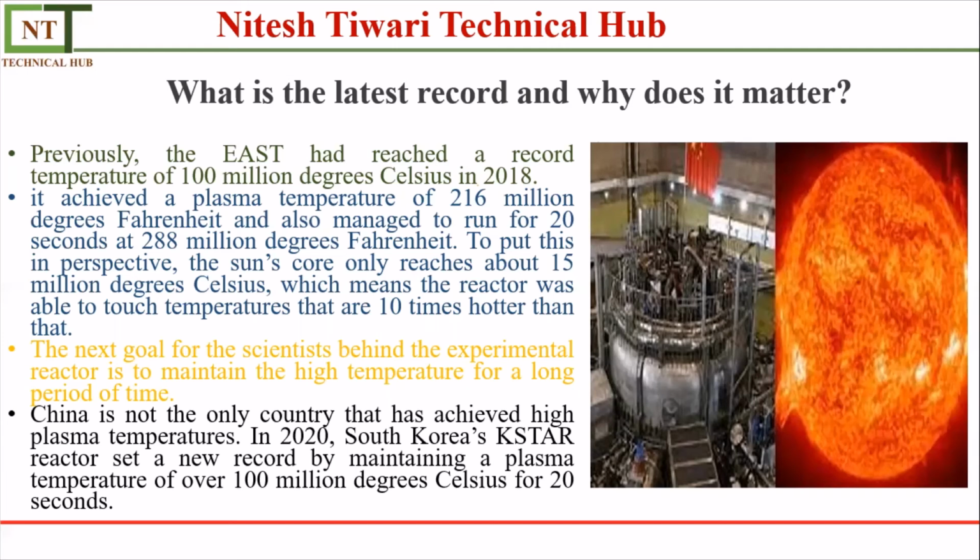China sees this as a future technology that is critical for its green development push. Obviously, if this experiment is done well and we maintain the temperature for a long duration, then all the need for power and energy will be supplied very smoothly.